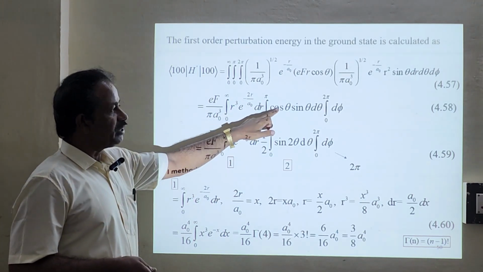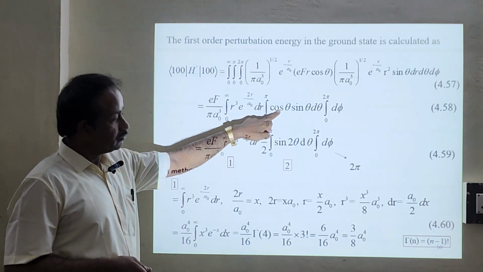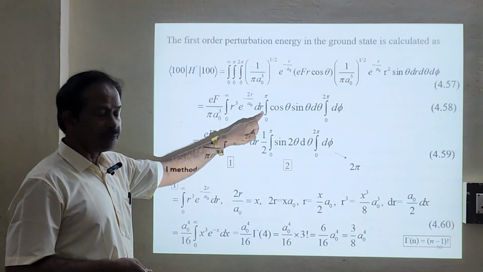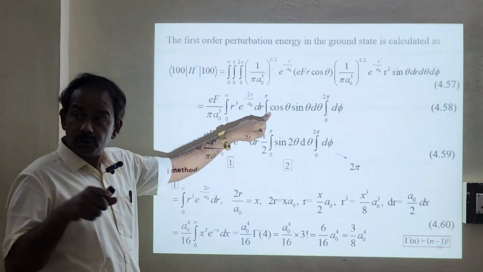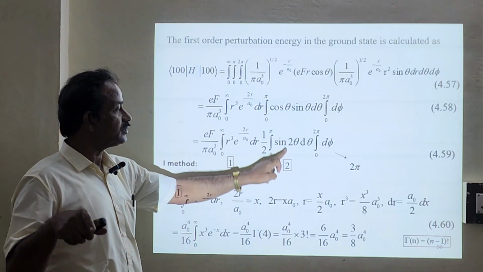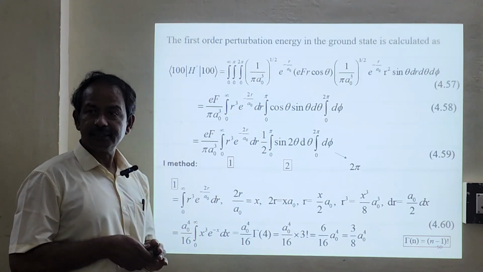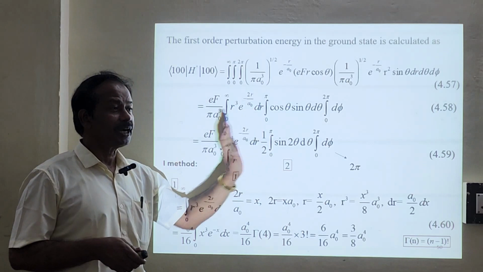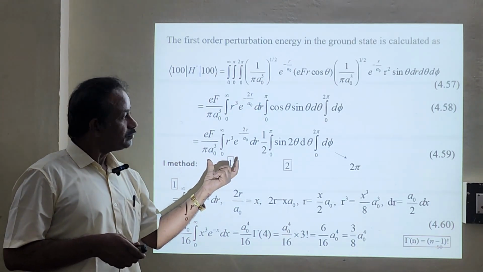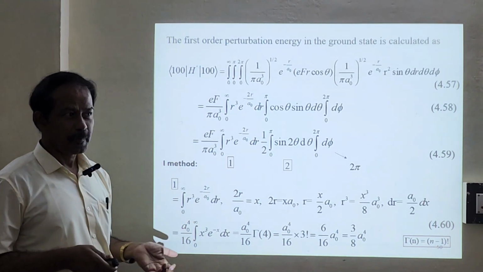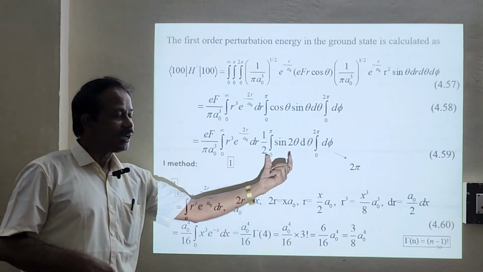Now I am going to multiply and divide by 2 here. That will give me 1 by 2, 2 sin theta cos theta, and 2 sin theta cos theta is nothing but sin 2 theta d theta. Now I am going to integrate this equation separately, the radial part separately and the angular part separately.